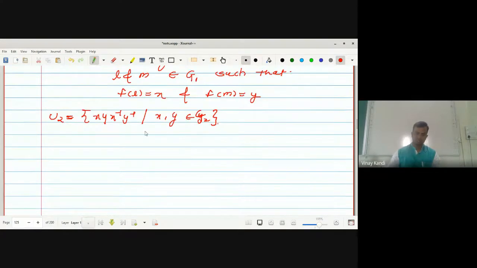Now, what is x? f of l. What is y? f of m, into f of l inverse, into f of m inverse, where l and m belong to G1.